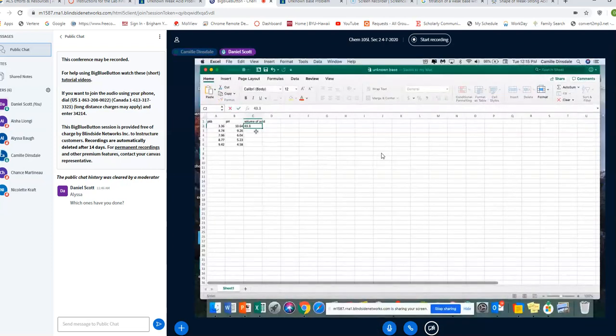Okay, how about in column D there? We'll call this volume of acid end midpoint. Okay, and then C, title that one volume of acid beginning midpoint.